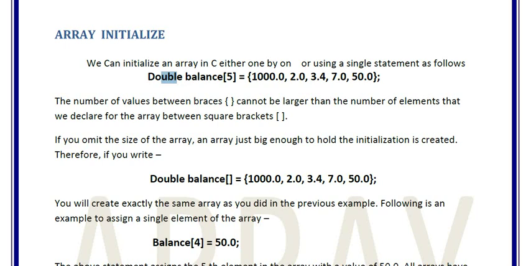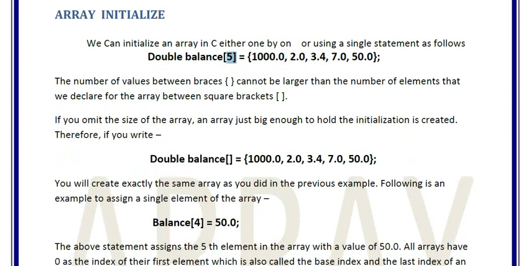That is why we can have 1000.0, then 2.0, 3.4, 7.0, and 50.0. In this section, we have seen that all values are of double type, and here are the 1, 2, 3, 4, and 5 values, which are indexed by the size.